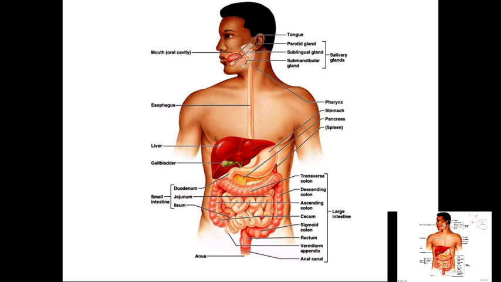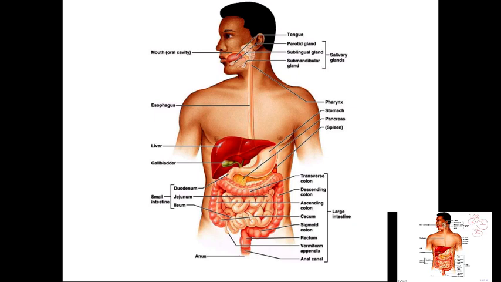So 5 is important, that trigeminal nerve. And then we can't forget cranial nerve 12, which is the hypoglossal nerve, which is involved in moving the tongue. So you've got quite a few cranial nerves there that just deal with the mouth and digestion.